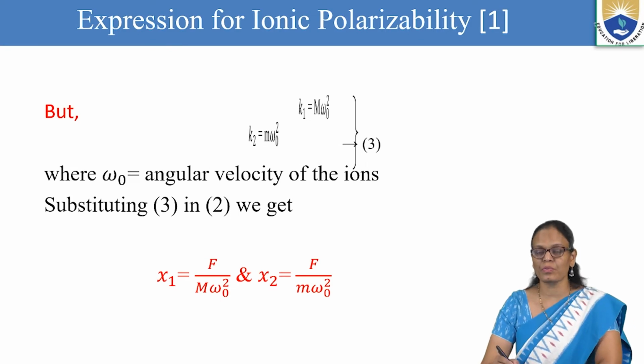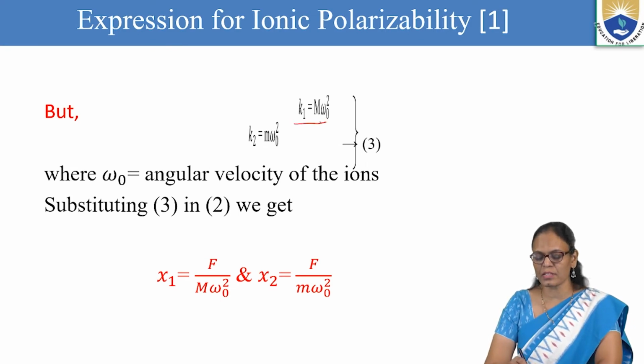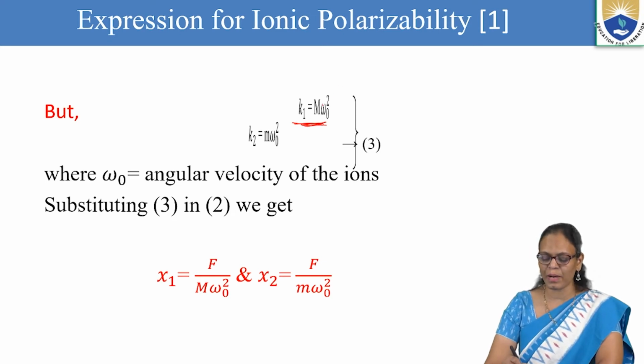Now, we are going to write what K1 is. K1 here is the force constant, or the elastic constant, which is given by m omega naught square, where m represents the mass of the negative ion and omega naught represents the angular frequency.